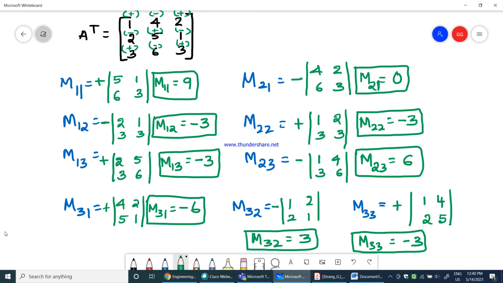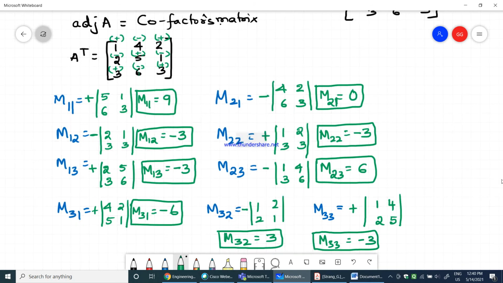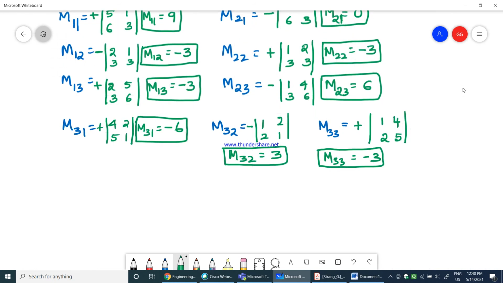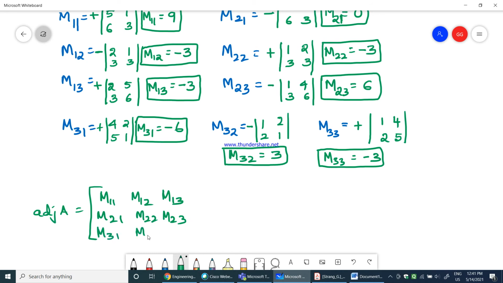Now what we'll do, we'll write the adjoint of A matrix. So adjoint of A will be equal to M11, M12, M13, M21, M22, M23, M31, M32, M33.